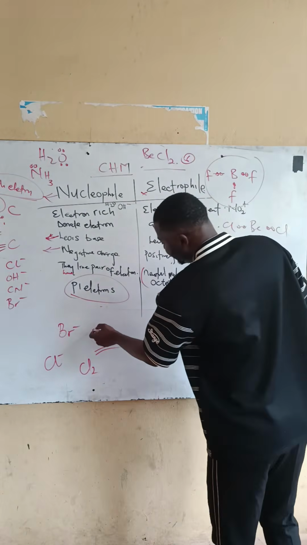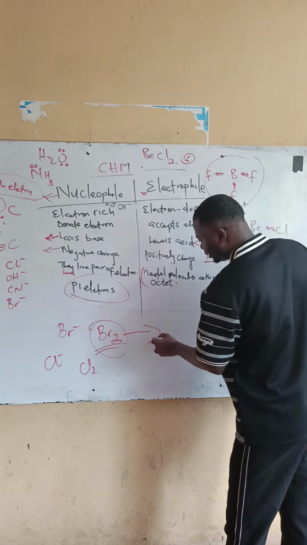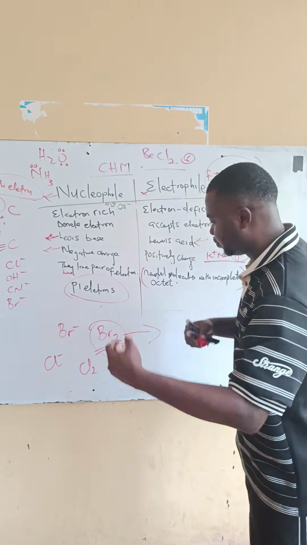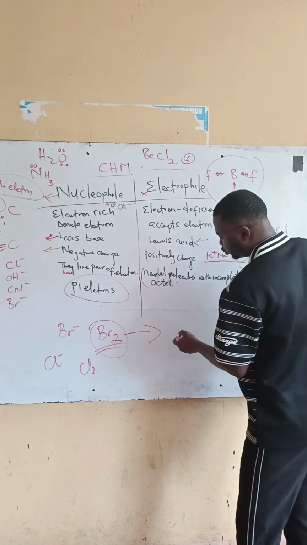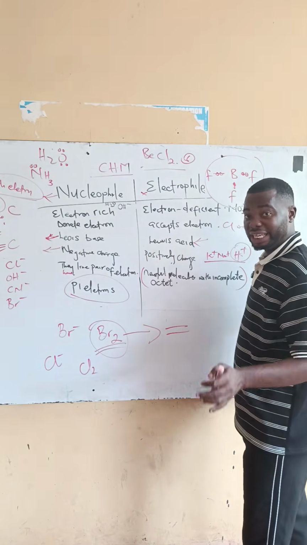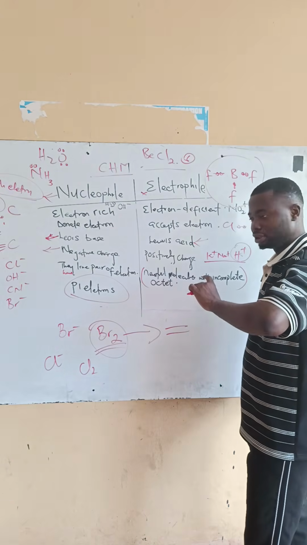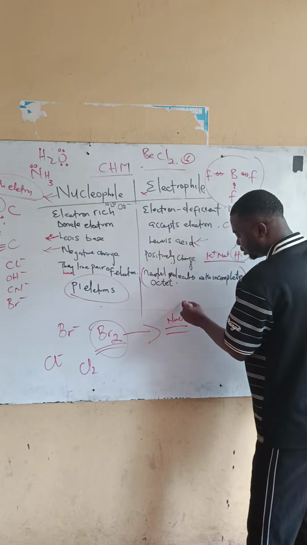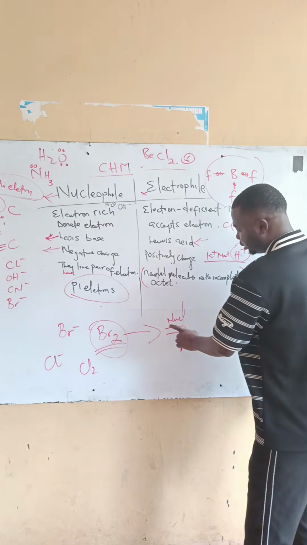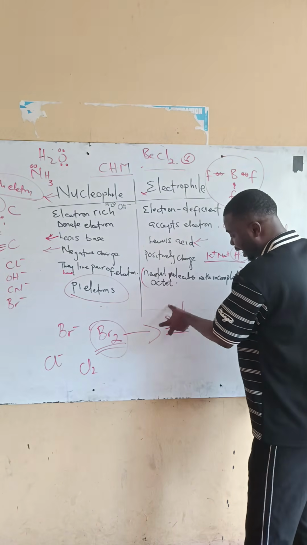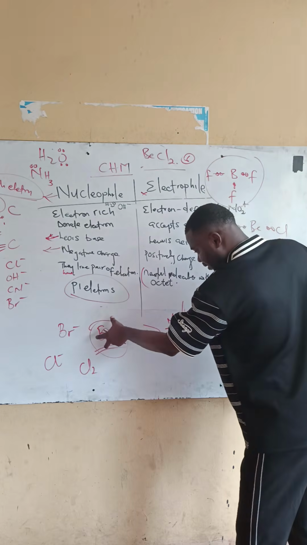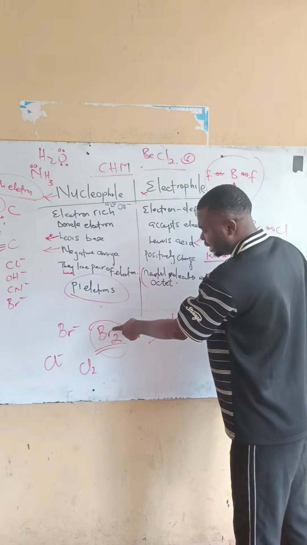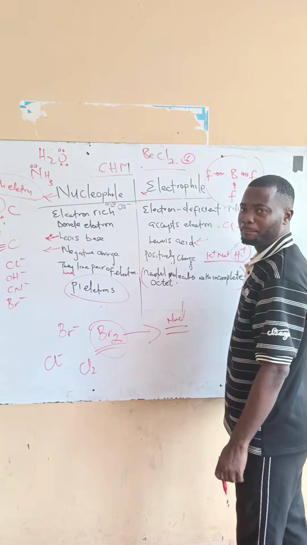The problem is if Br2 is coming, I told you that we are doing nucleophilic substitution with a nucleophile. If Br2 is coming closer to a guy that is electron rich, that means if Br2 is coming closer to a nucleophile. Are you with me? The nucleophile, this guy that is electron rich, has a lot of electrons. Because this Br2 also has a lot of electrons, when the electron of this guy sees the electron of the other, it makes this Br2 become polarized.